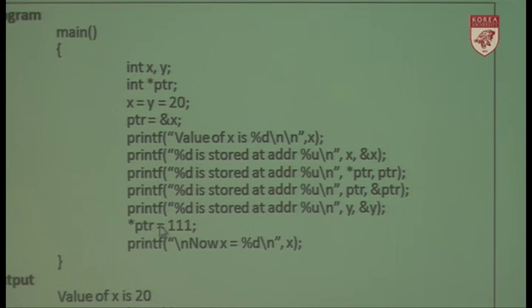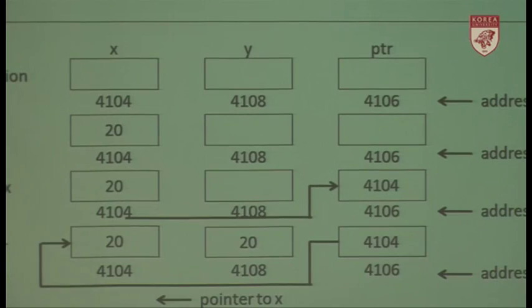So star ptr equal 111 means please assign this value 111 to the memory address of x. So if we print out x, that's going to be 111. Okay, so it's not that difficult, it's easy. Nothing difficult here.